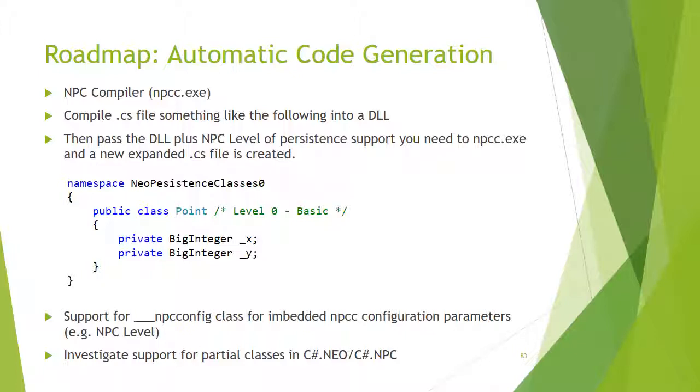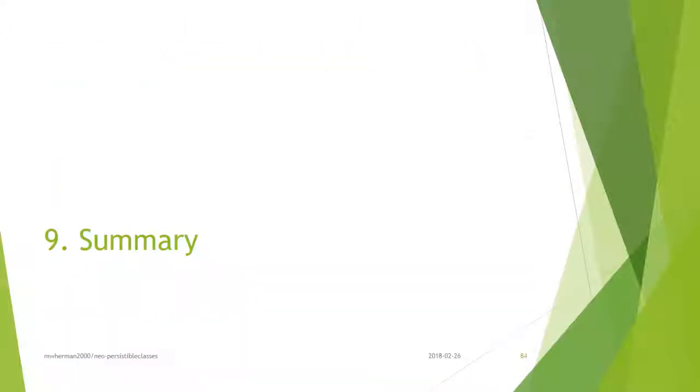At the bottom there, just really some notes to myself, there'd be an NPC config class that you could also put in your source file for your basic class for passing NPCC configuration parameters. And then we need to do some investigation for partial class support in C#.neo and see if we can adopt that as a capability in C#.npc, because that would make this code generation fairly slick.